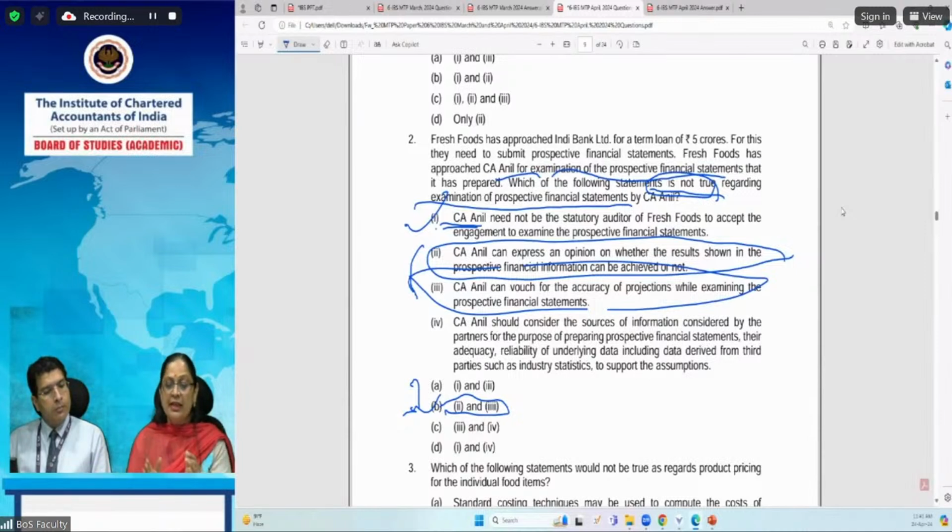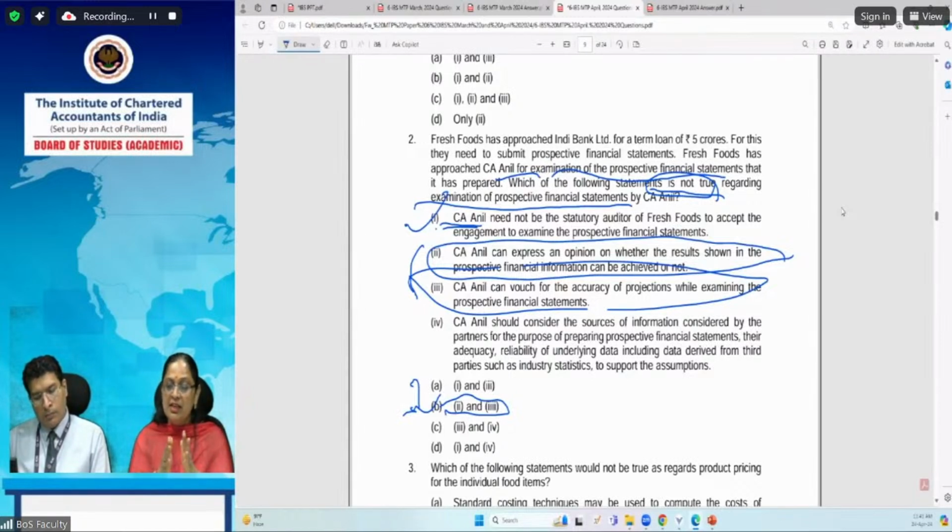Now see the requirement of the question. Fresh Food has approached Indie Bank Limited for a term loan, right? And for that they have to submit a prospective financial statement, right? So for submission, they want CA Anil to examine the prospective financial statement which is being prepared before submitting to the bank.